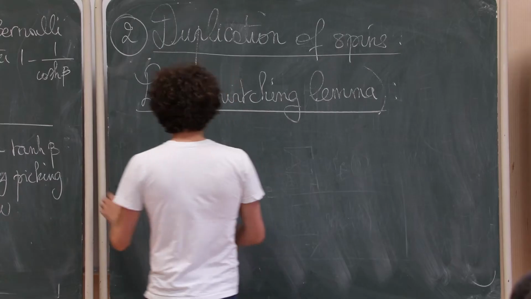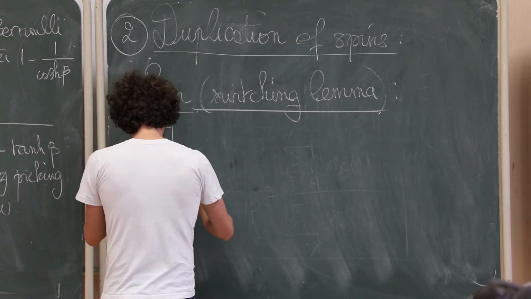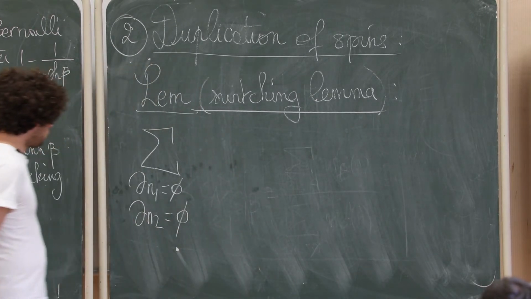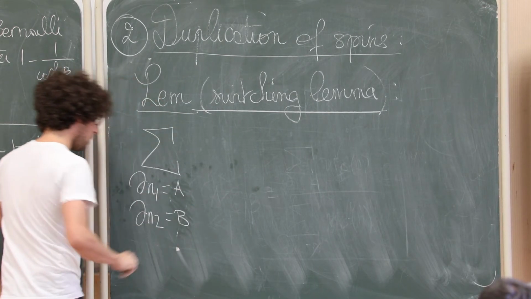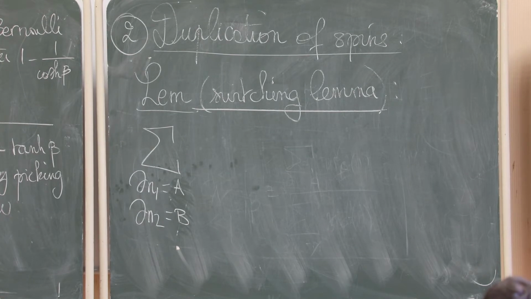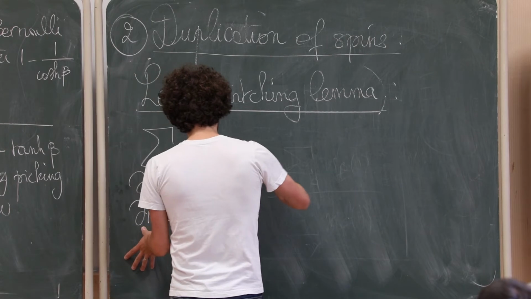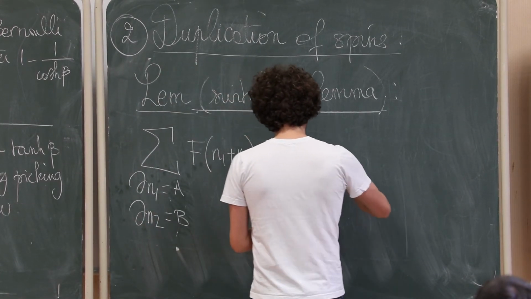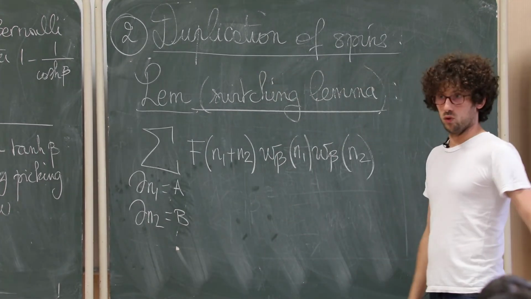So the switching lemma is saying the following. If you sum on two currents, one has sources at A, the other one at B, and you sum a certain functional of n1 plus n2.